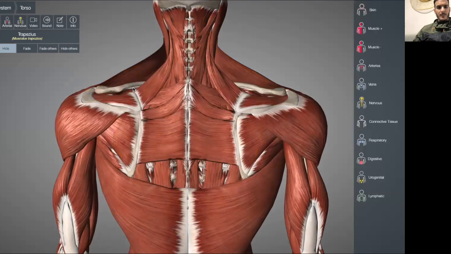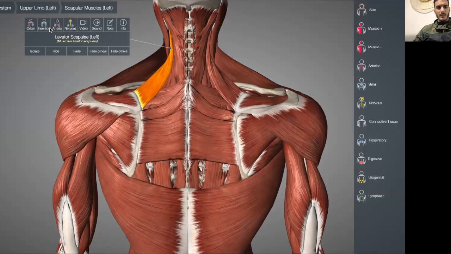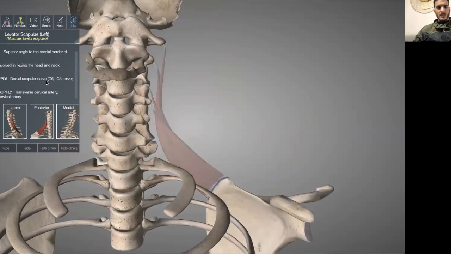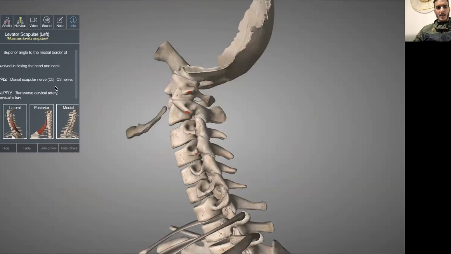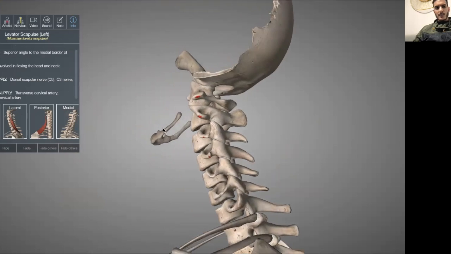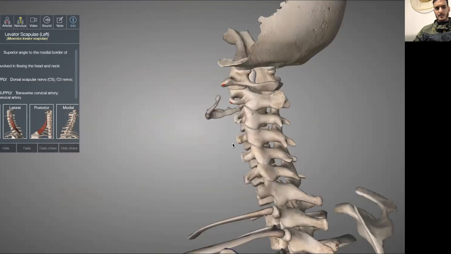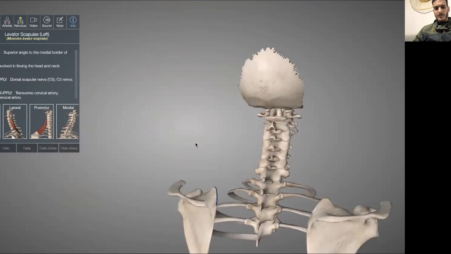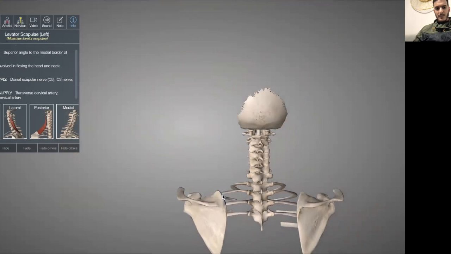We're going to hide it. The levator scapulae, on the other hand, is innervated by the dorsal scapular nerve, which comes from the brachial plexus. It elevates the scapula and is involved in flexing the head and the neck laterally.